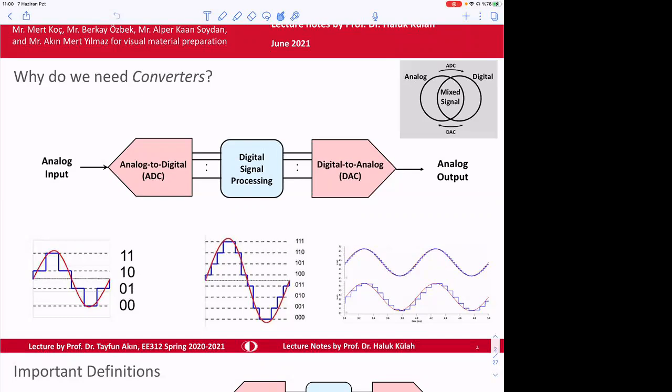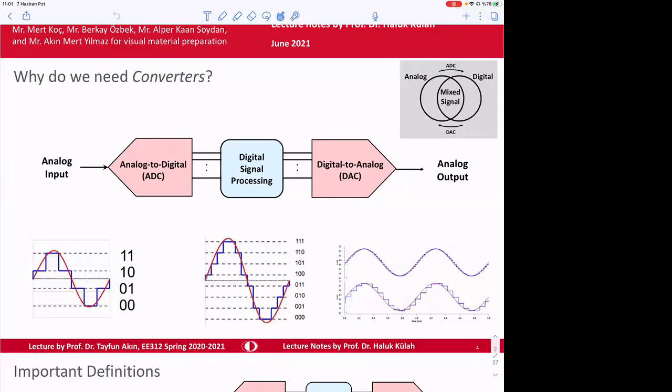So what is that blue? Blue is, once we convert that analog signal to digital signal, and after that we use digital to analog converter to reconstruct that signal. So after the digital to analog conversion, the blue color is going to be obtained.